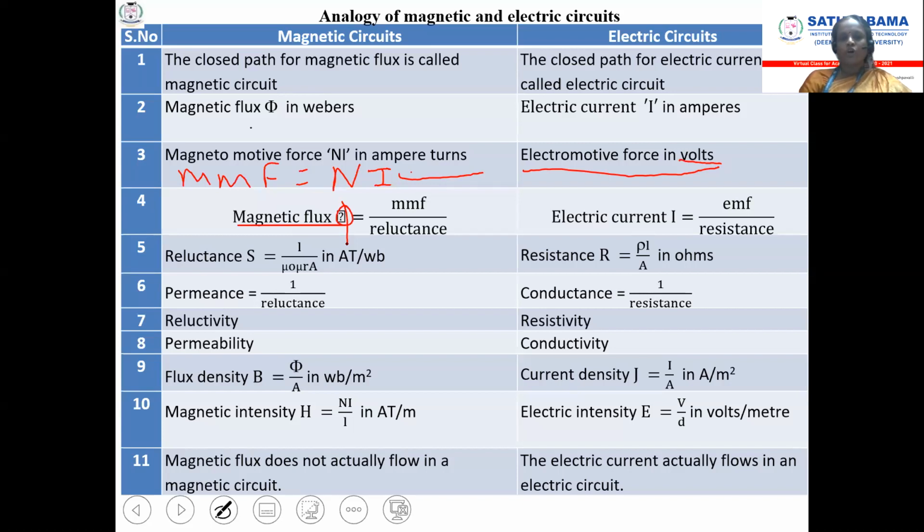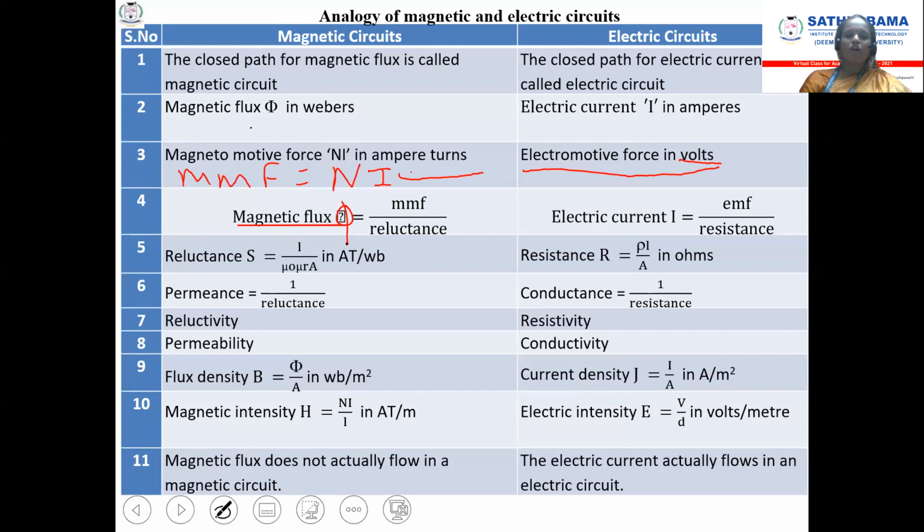V equals IR, so we say I equals V by R. Here flux equals MMF by reluctance. So you have to understand what is resistance and what is reluctance. Reluctance opposes the flux in the circuit, and resistance opposes the current in the circuit.